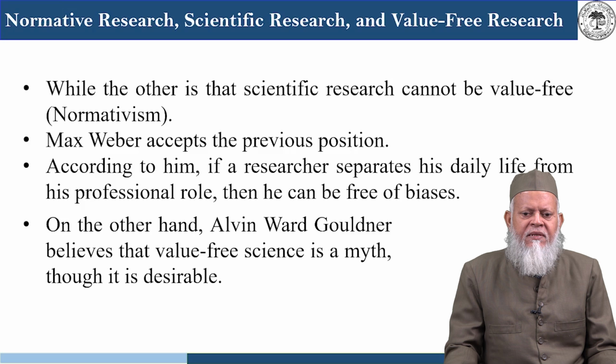Max Weber accepts the previous position. According to him, if a researcher separates his daily life from his professional role, then he can be free of biases. On the other hand, Alvin Gouldner believes that value-free science is a myth, though it is desirable.